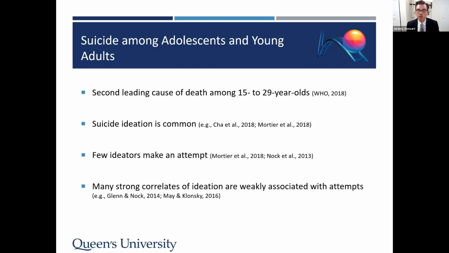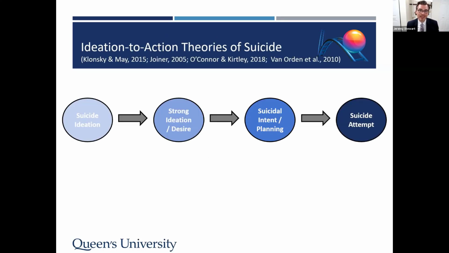But a lot of the putative correlates and predictors of suicide, especially in young people, are actually strongly related to suicide ideation, but they show much weaker associations with suicidal behaviors. So in light of this issue, some modern ideation-to-action theories of suicide provide separate explanations for the initial onset of suicide ideation, and then that shift from suicidal thinking to attempts.